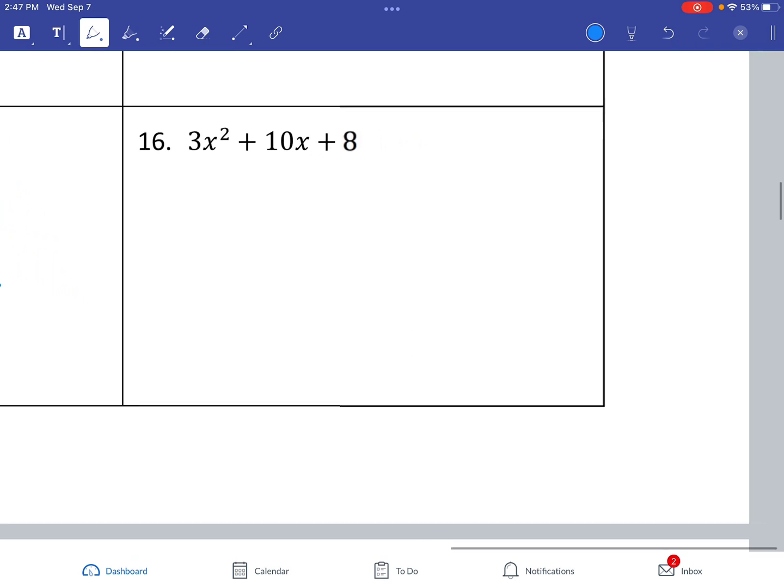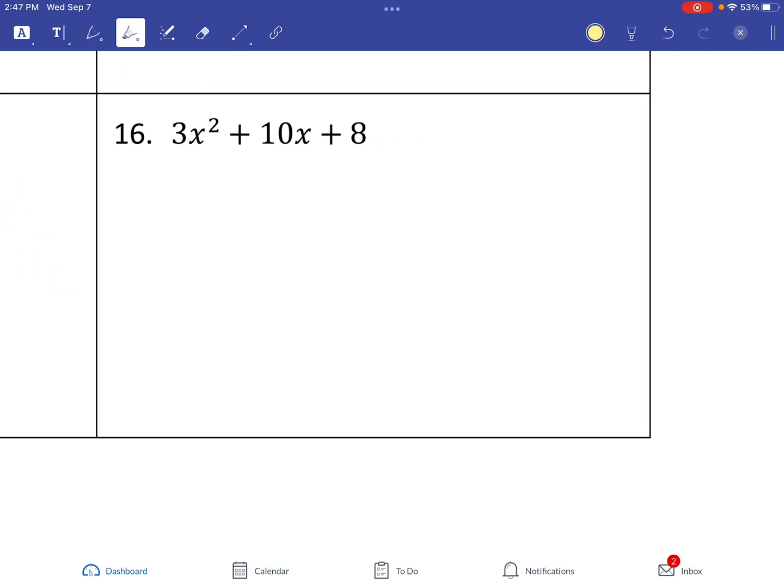Lastly, 16. Same idea. Take my first term and my last term and multiply them together. So I have 24. Two factors of 24 that add up to be 10: 6 and 4. I'll then use my a coefficient as my denominator.